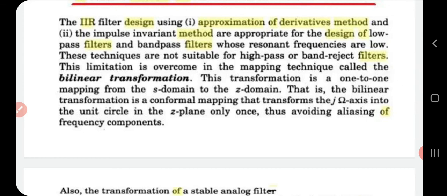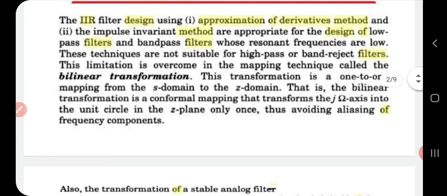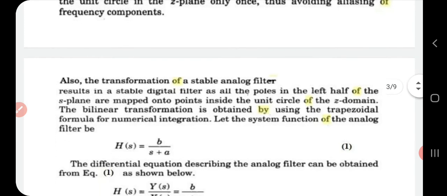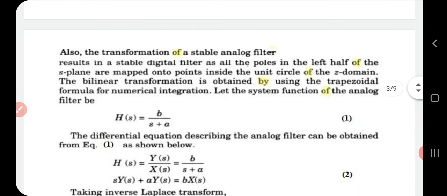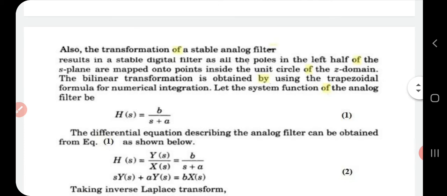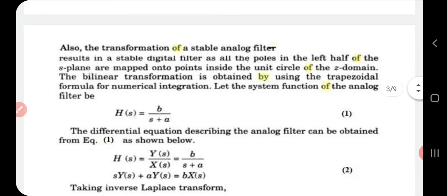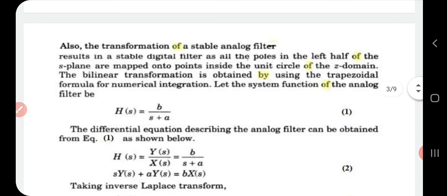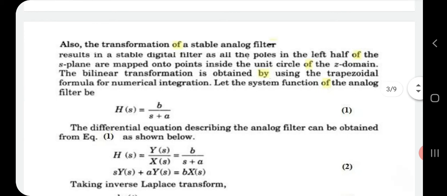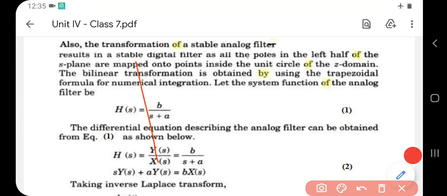The j omega axis in the S plane and the unit circle in the Z plane I have shown in some of our earlier classes, so I am not explaining it right now. One peculiarity of this transformation is that it results in a stable digital filter, as all the poles in the left half of the S plane are mapped onto points inside the unit circle of the Z domain. Suppose this is the left half of the S plane and this is the right half.